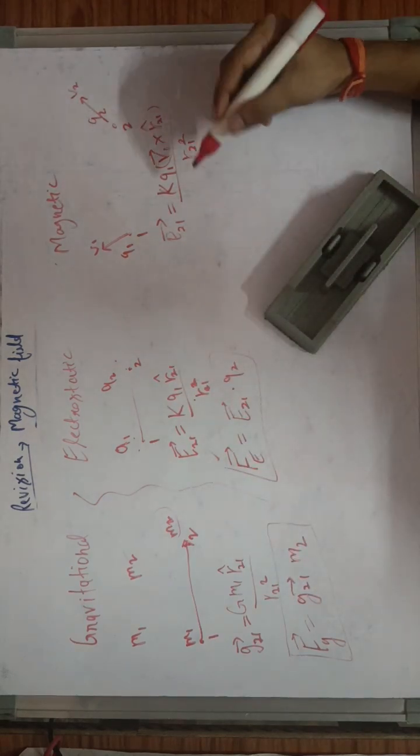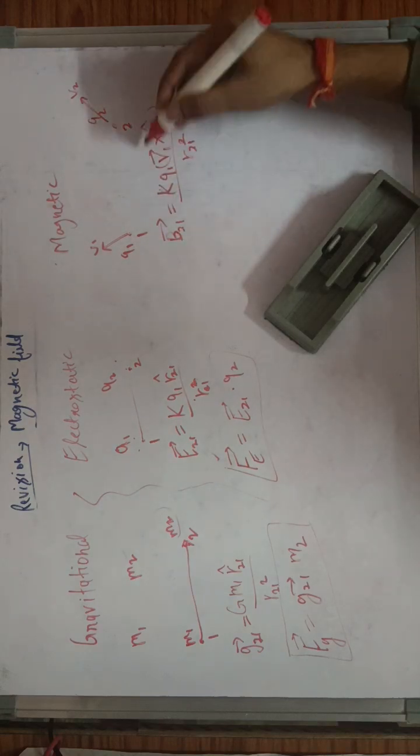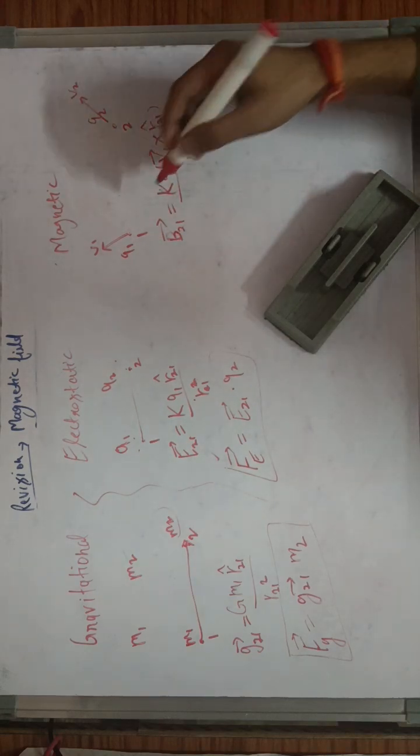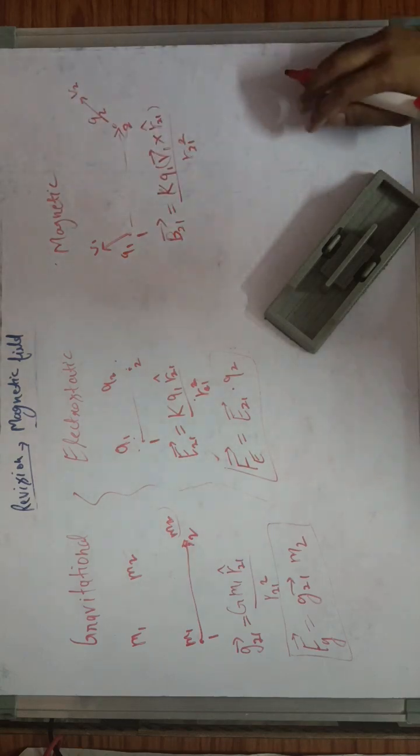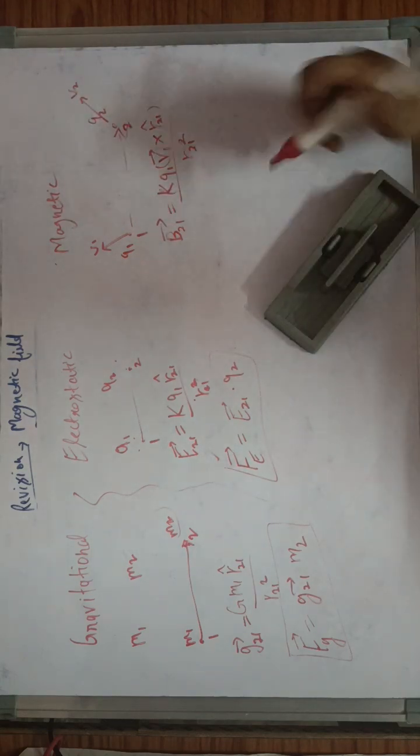And in the case of magnetic field, there is a need of velocity also, and this is the position vector of 2 with respect to point 1.